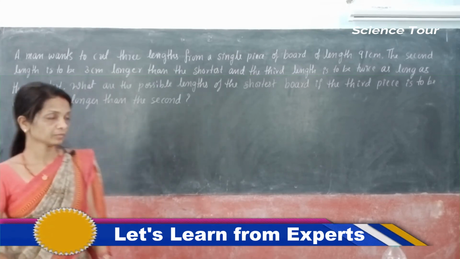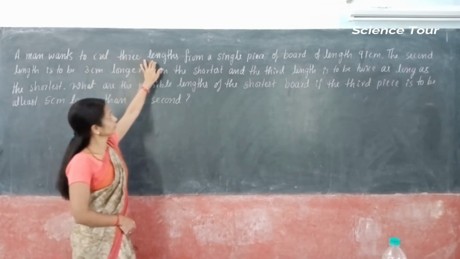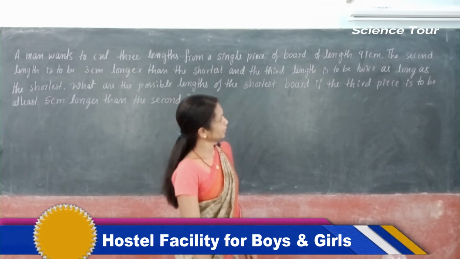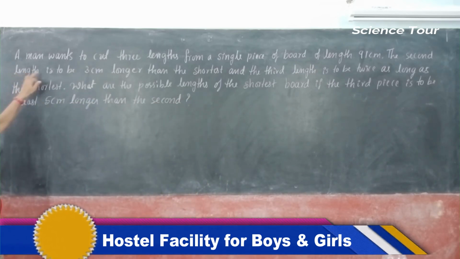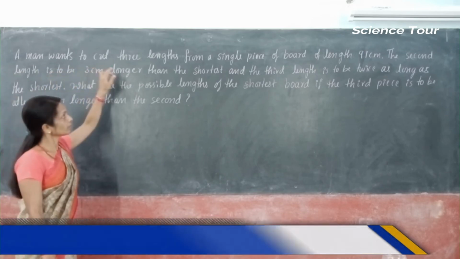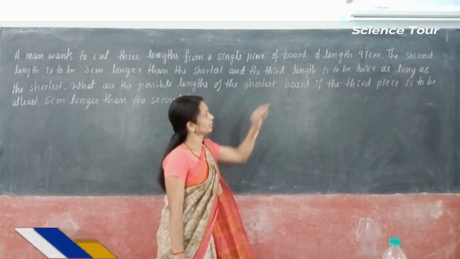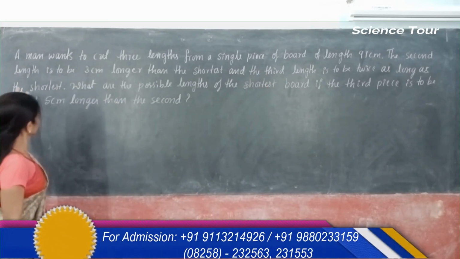Next problem: a man wants to cut 3 lengths from a single piece of board of length 91 centimeter. The second length is to be 3 centimeter longer than the shortest, and the third length is to be twice as long as the shortest.